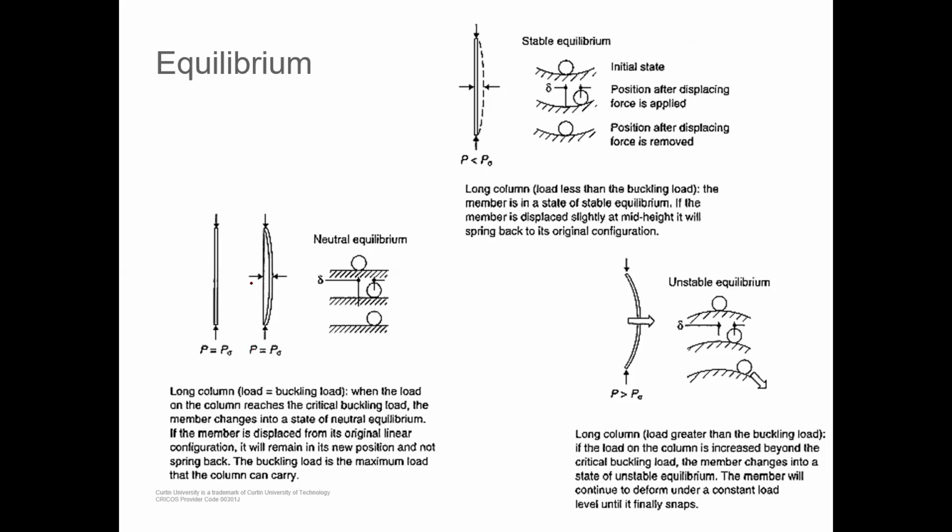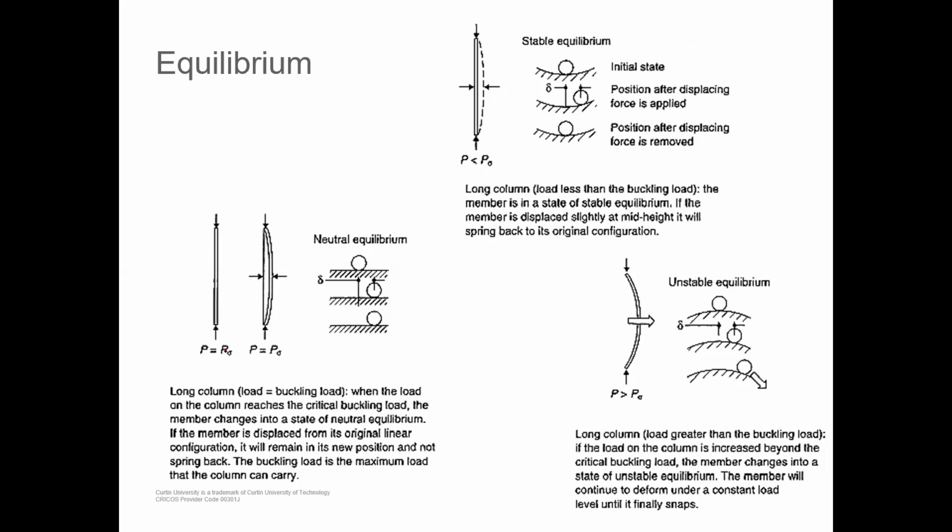That means at any position it will be stable. It will not try to come back to the initial position until the force is removed. But here it will not. It will try to move. It can't stay in this position. This is an unstable situation. This load we call the critical buckling load.